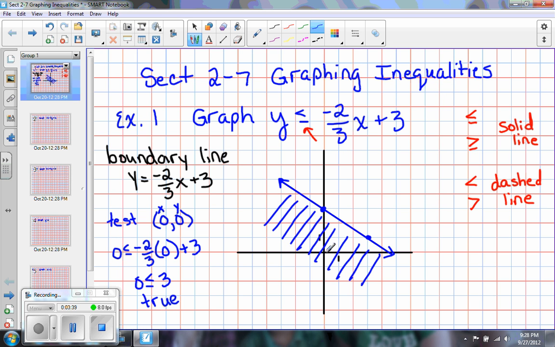For example, suppose I chose the point negative 3, 1. Well, that's in that region that I shaded. That means if I plug in these values for x and y, negative 3, 1, I'll get a true statement.